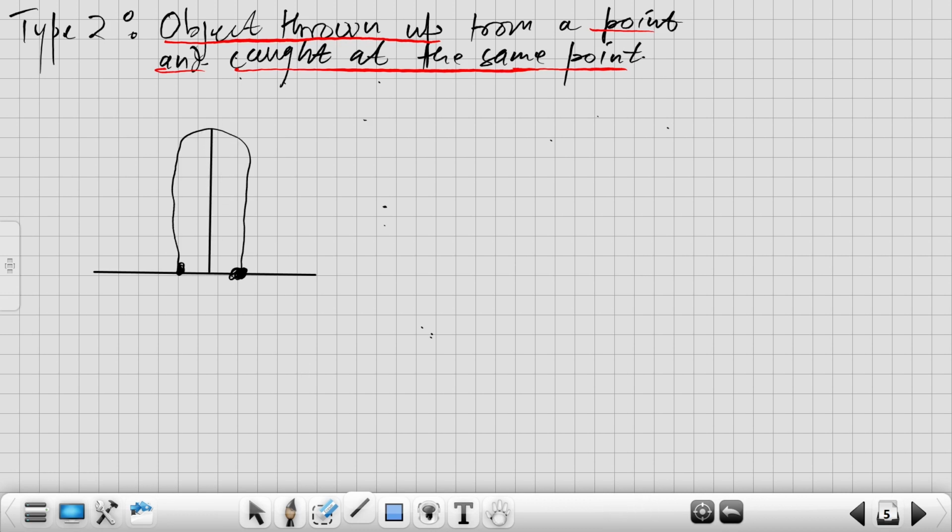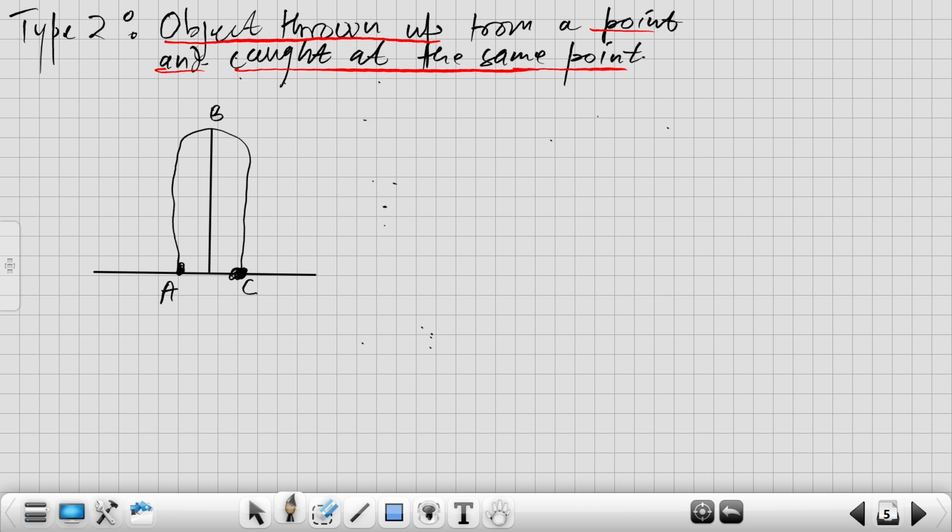Good. So they said we need to draw a sketch. When we draw a sketch, we know that it was thrown up from a certain point. So that point I am going to call A. And then it was caught again at the same point, and that point I'm going to call C. This point here I am going to call point B. So basically I have two motions.